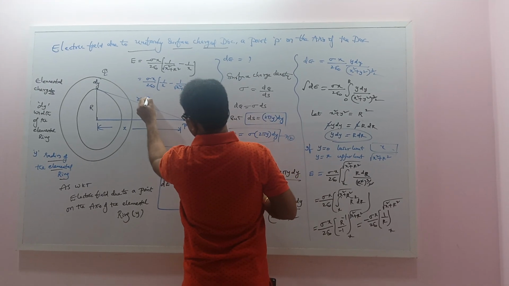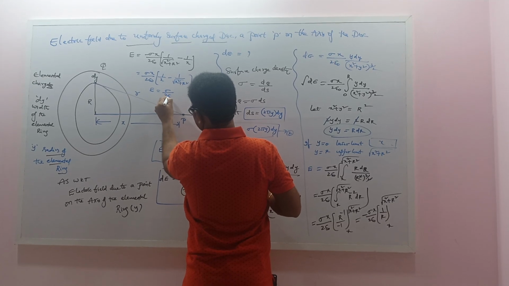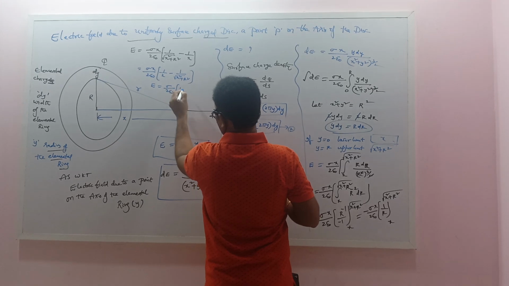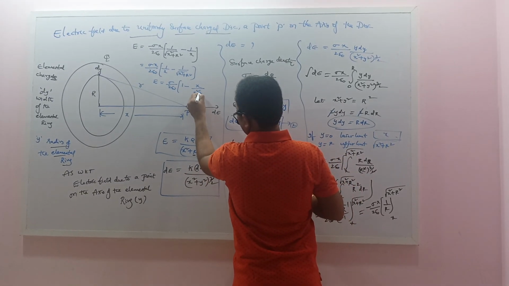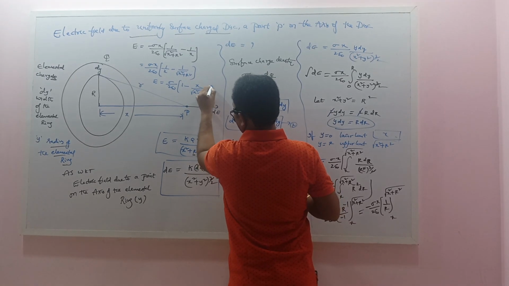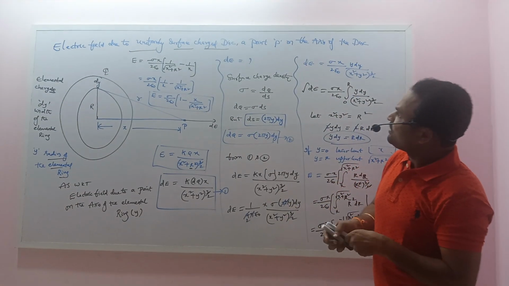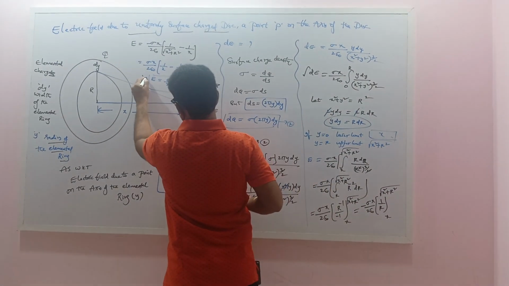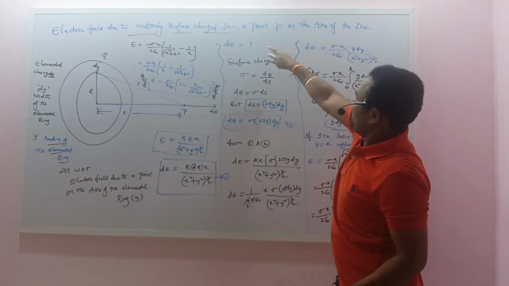So E is equal to sigma by 2 epsilon naught into 1 minus x by root over x square plus R square. This is the electric field due to a point on the axis of the surface charged disk.